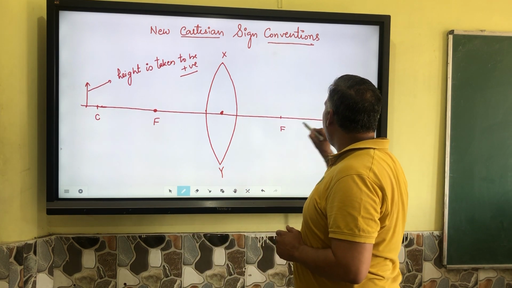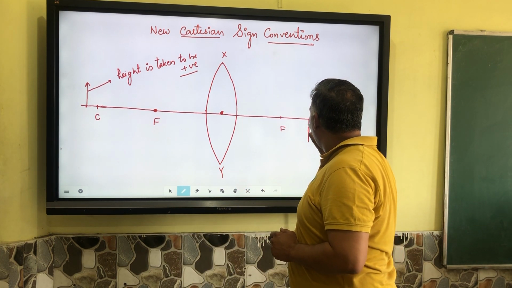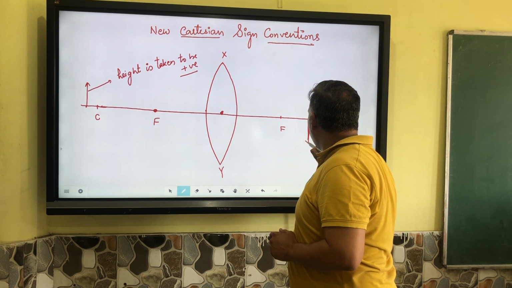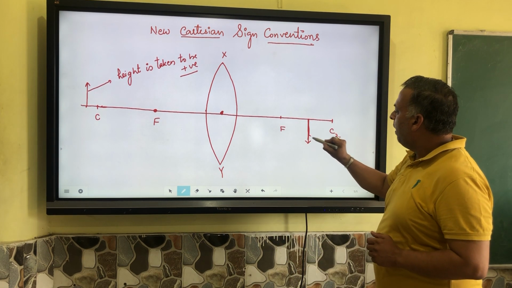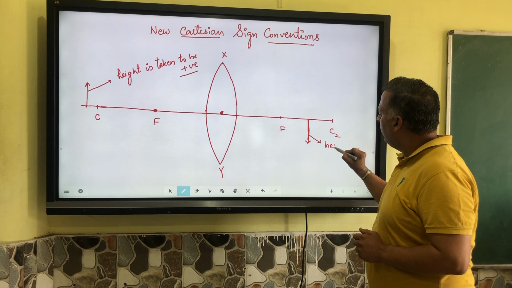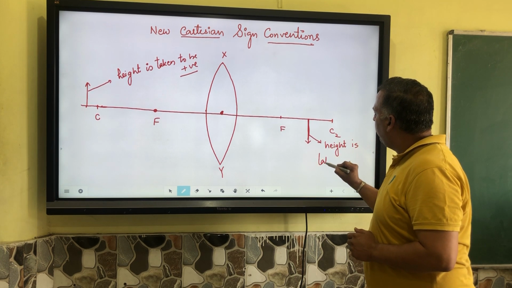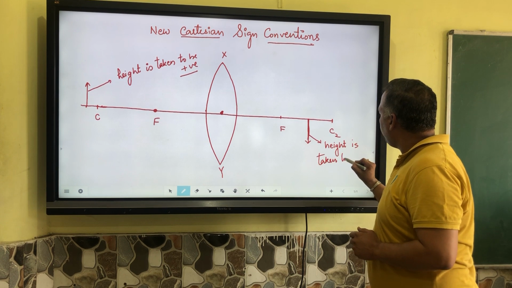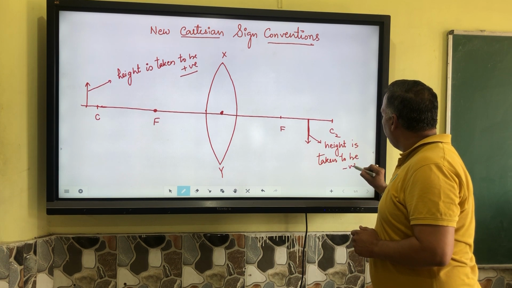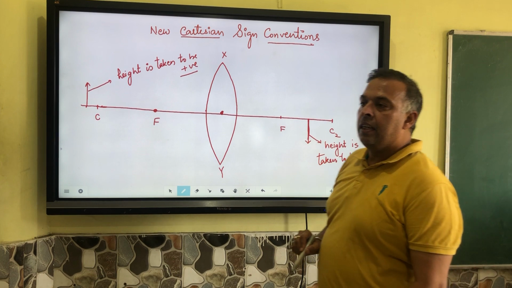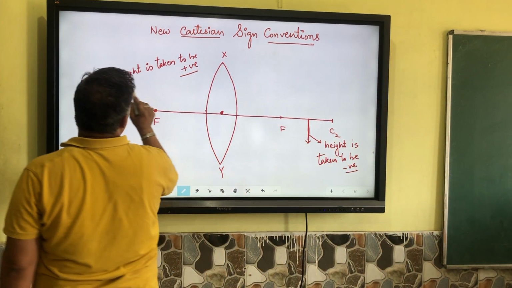Any image formed on the lower side of the principal axis, its height is taken to be negative.